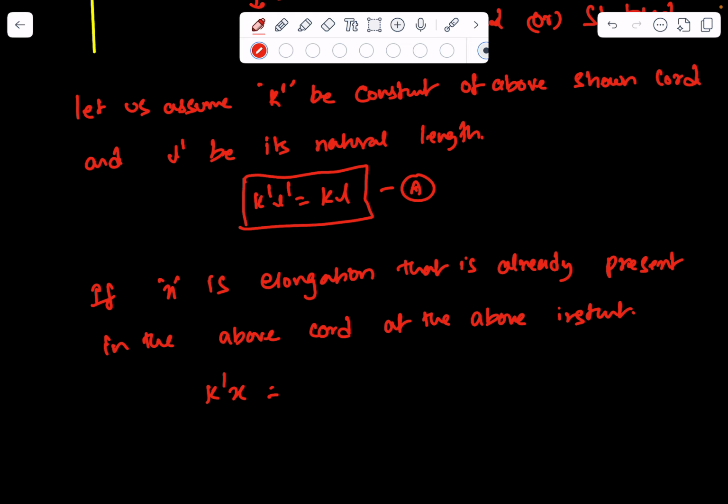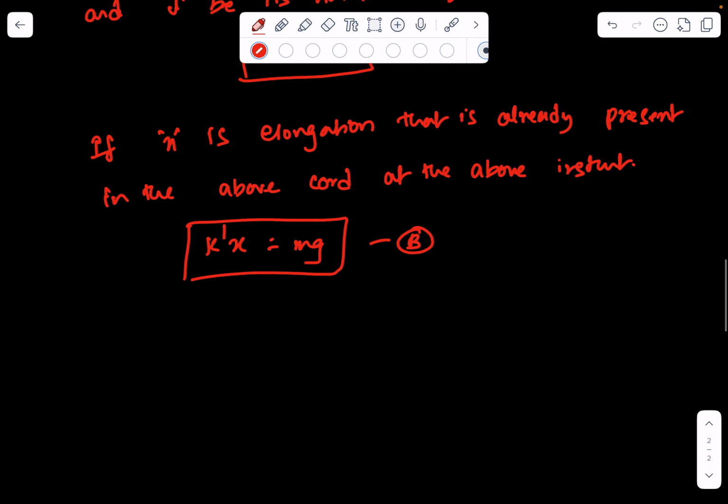So we can say K dash X will be equal to mg. Let us name this equation B. Children, these two equations are very, very important, and using these equations only we are going to go further. So K dash X is equal to M into G. Now, how to go ahead with the equations and how to solve the problem, we are going to see in detail.